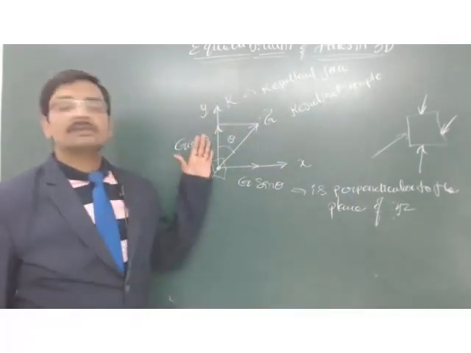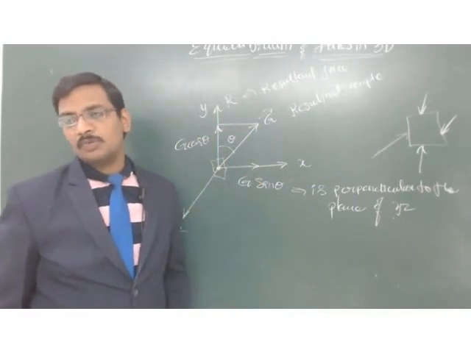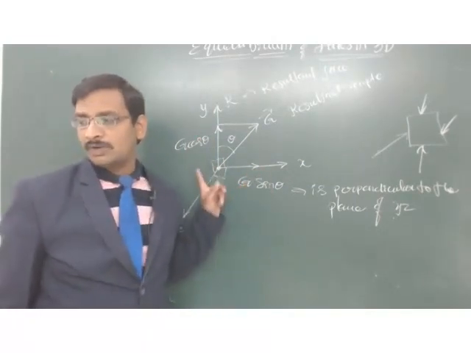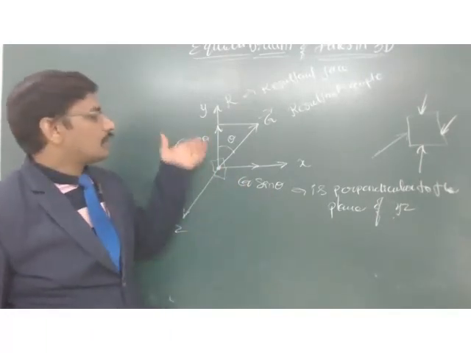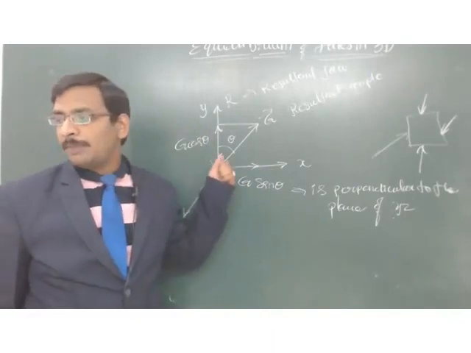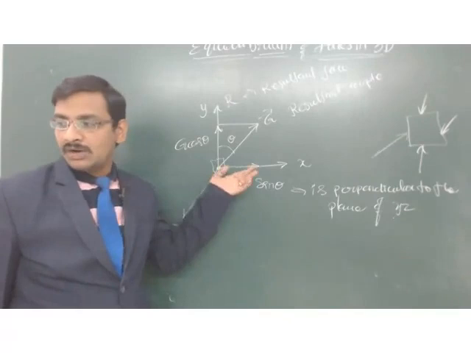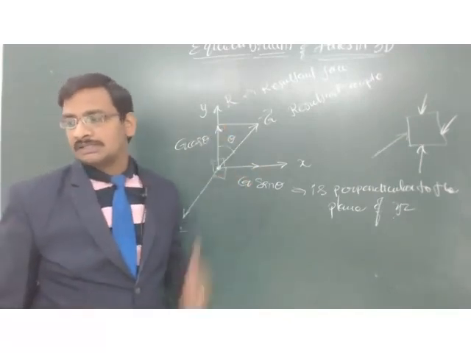That means the system of forces which results in this component of the moment is acting on this plane, hence it is perpendicular to the plane of yz. Similarly, G cos theta can be treated as the perpendicular component of the resultant of all the forces acting on the xz plane. So this is G cos theta and this is G sin theta.